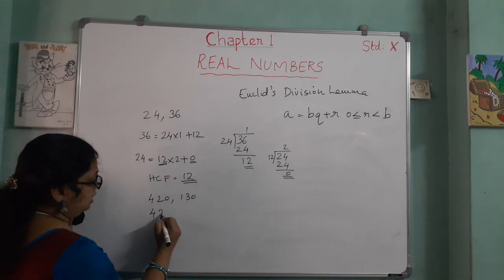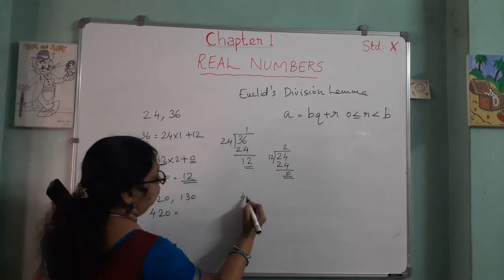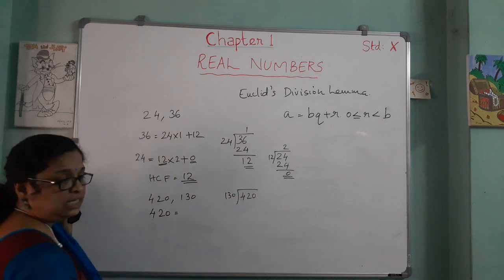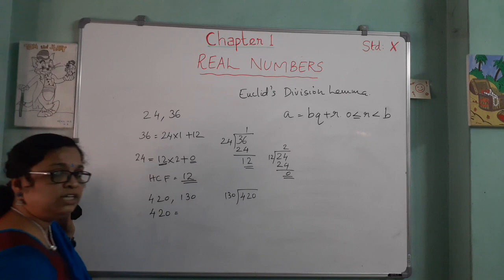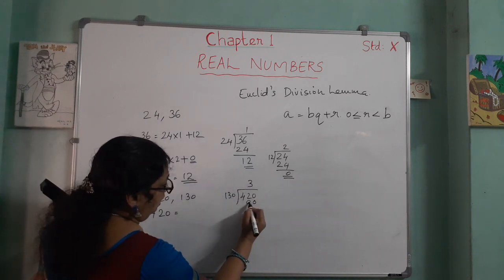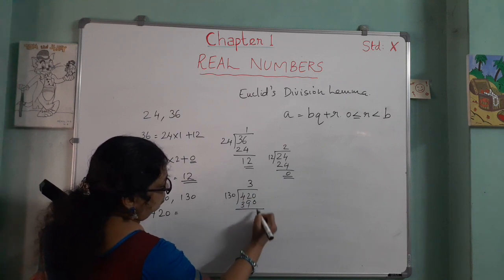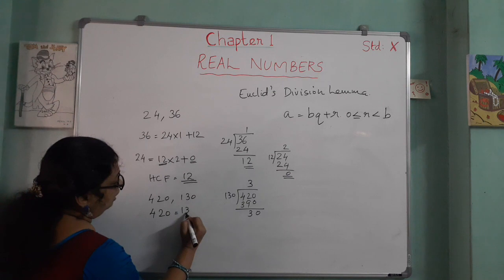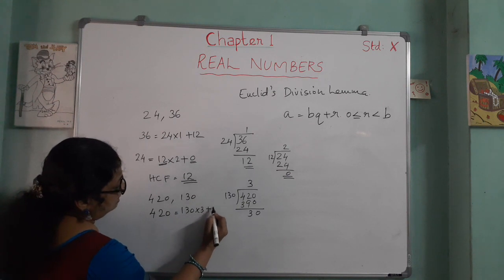The next example is 420 and 130. So 420 is the largest number. So 420 divided by 130. 13 into 3 is 39 and 13 into 4 is 52. So 3 times. 3 times 0 is 0, 3 into 3 is 9, 3 into 1 is 3. So 0, then 30. So we can write 420 equal to 130 into 3 plus 30.